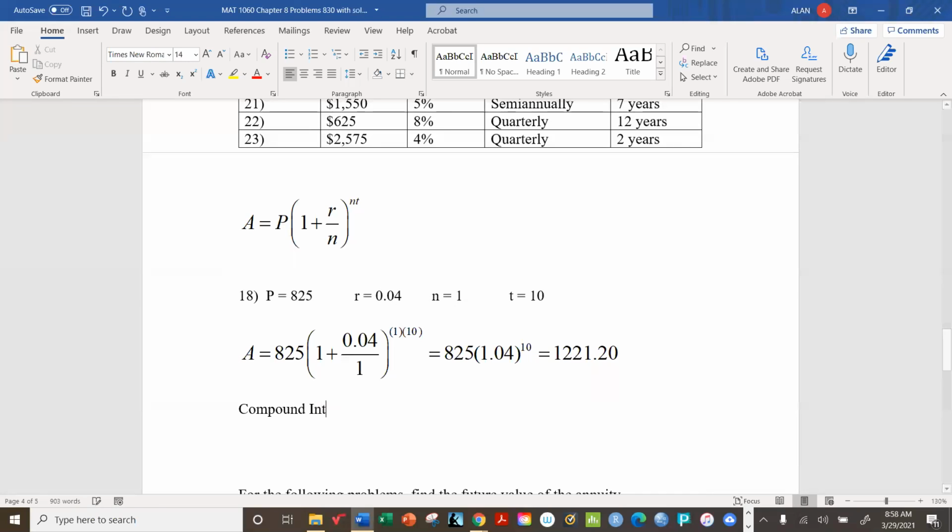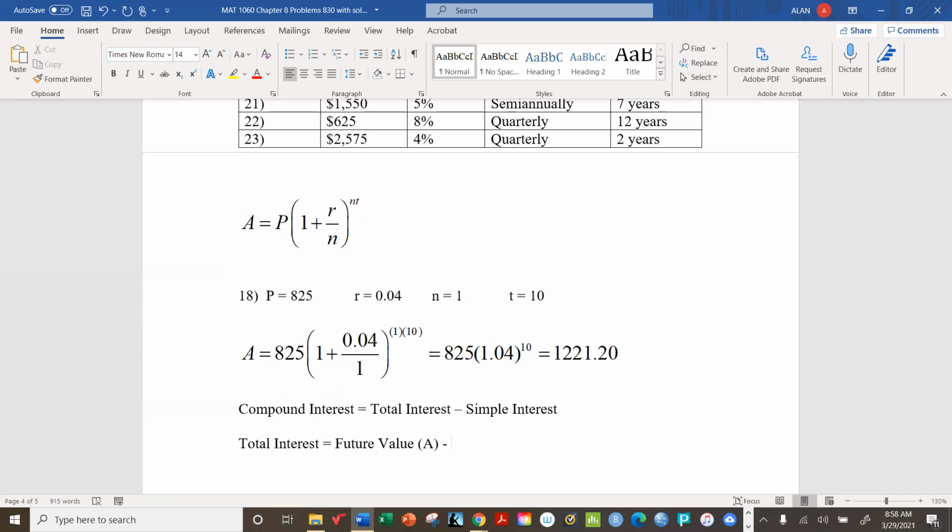So the best way to figure out the compound interest is to go ahead and say total interest minus simple interest. And the total interest equals the future value minus the principal, P. So here we have A minus P equals 1221.20 minus 1,000, which means that the total interest was 221.20.